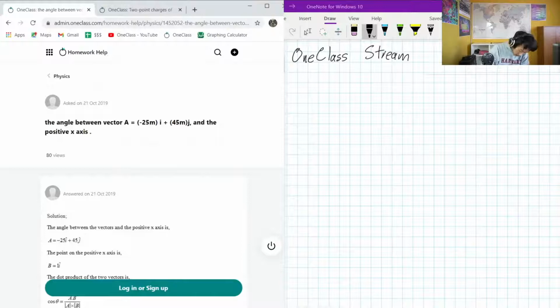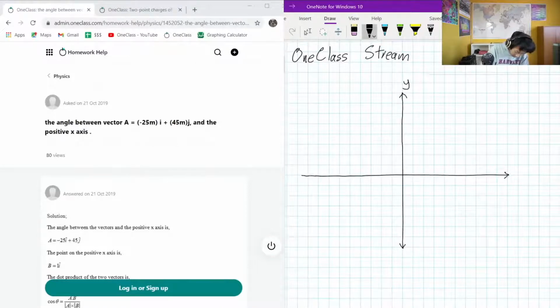Okay, so let's draw out a little coordinate grid system like this. That's a pretty good straight line for freehand. So here we have our y-axis. Here we have our x-axis, and here we have our I, and here we have our j, unit direction vector. Okay, so vector A, let's say A is like an apple, so it's red.